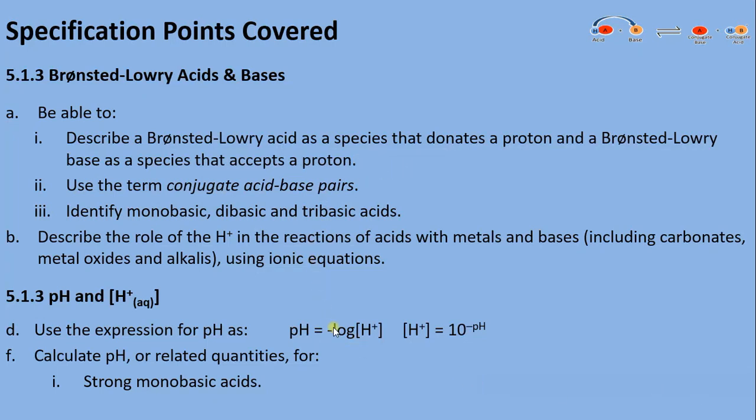We are going to recall and use this expression for pH. pH is calculated once you know the hydrogen ion concentration. The square bracket is the concentration of what's inside, so this time it's the hydrogen ion concentration. If you take the negative log of the hydrogen ion concentration, you get the pH, which ranges from 0 to 14.